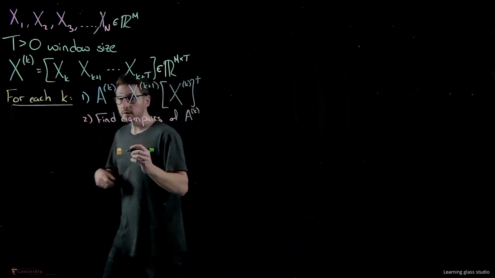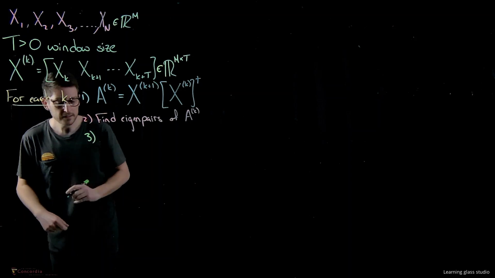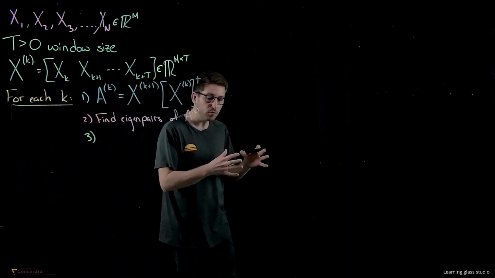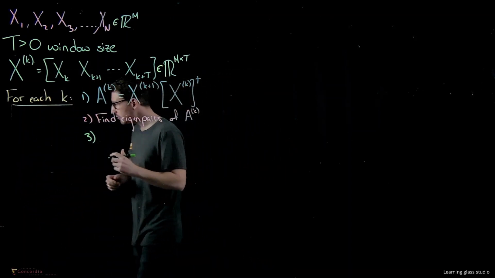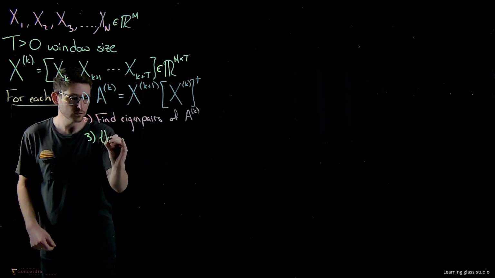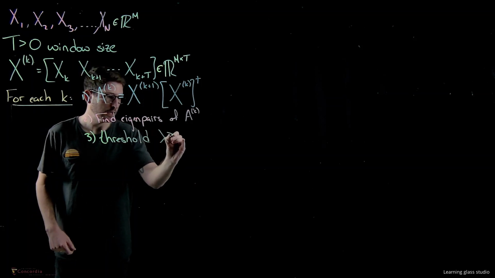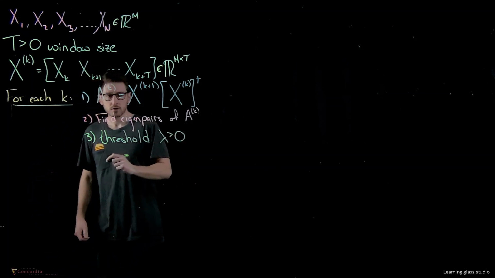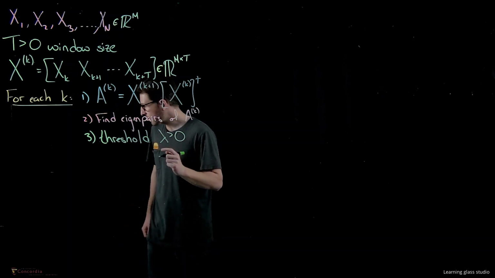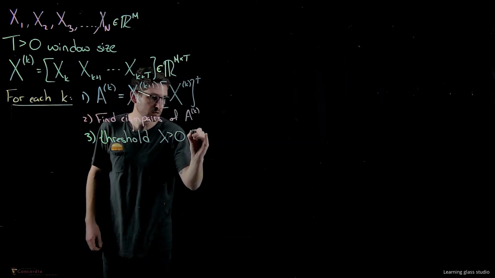Okay, so what I could do is try to separate these things out. I could introduce a threshold, which I'll call lambda, to separate out the eigenvalues of the spectrum here.